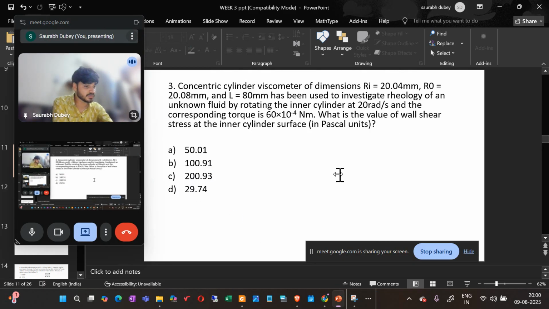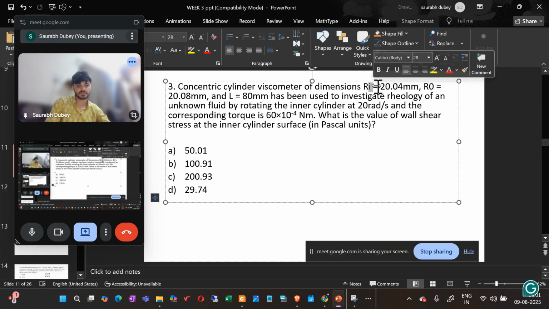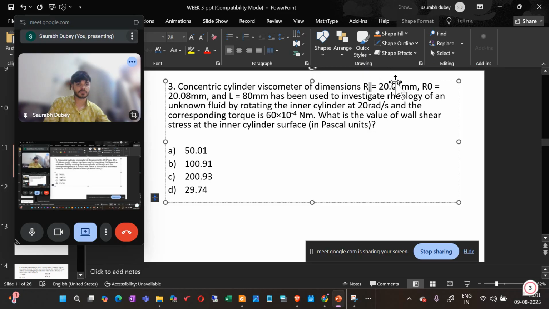So in this question, if you see this, a concentric cylinder viscometer of dimensions Ri equals 20.04, right? And then R0 equals what? 20.08, and the length of the cylinder viscometer is 80 mm, right?